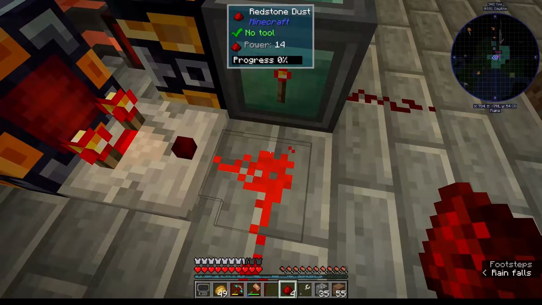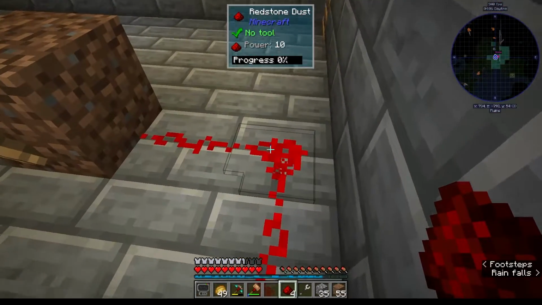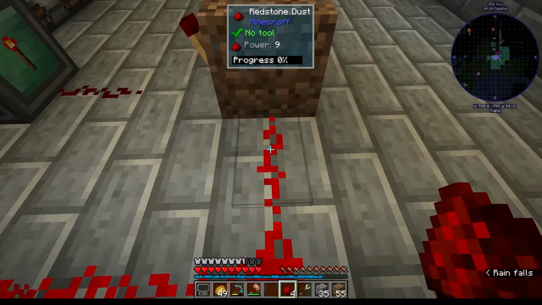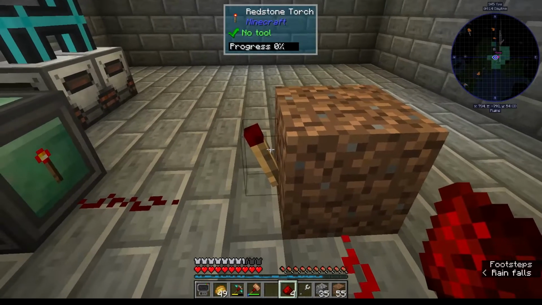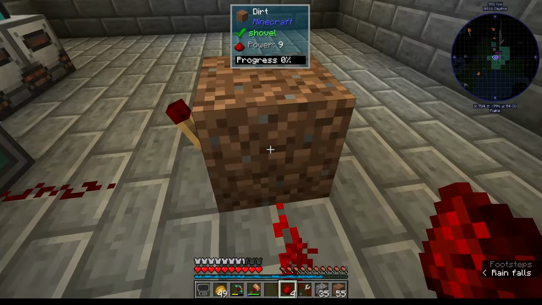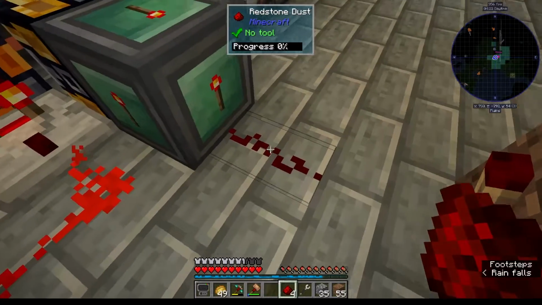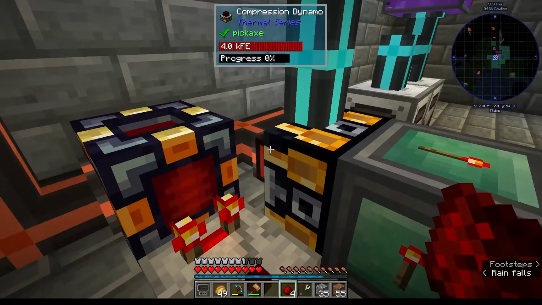So right now he's 14. He's outputting his power. We're lowering the signal to a 9. And as long as it is 9 or higher, it will turn off this torch. When it is 9 or less, maybe 8 or less, I'm not sure, one of the two, this torch will go back on, triggering this guy, which triggers this guy, which goes into here.